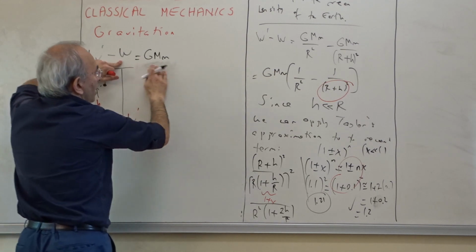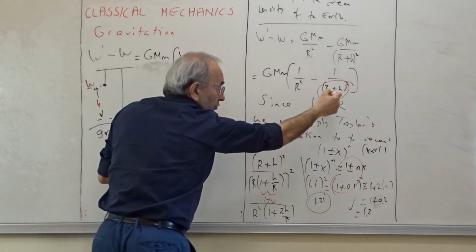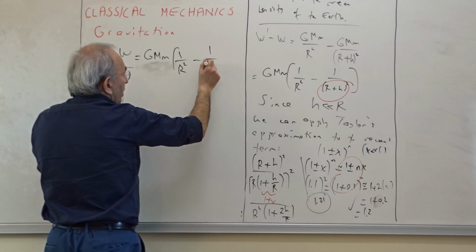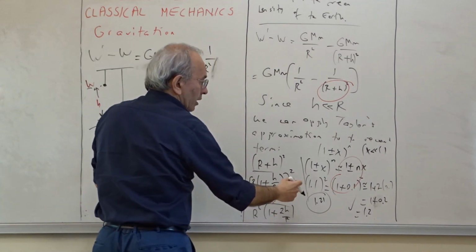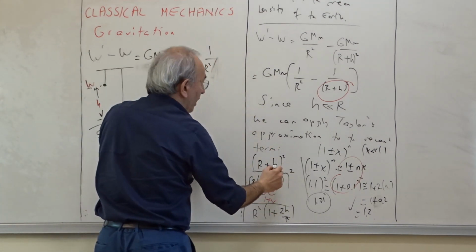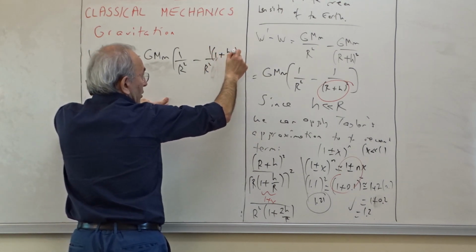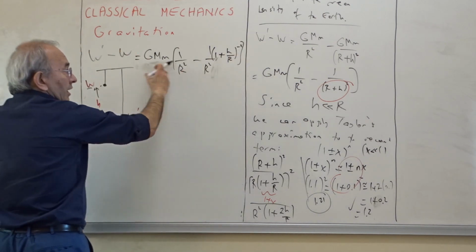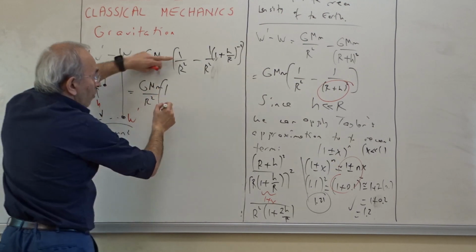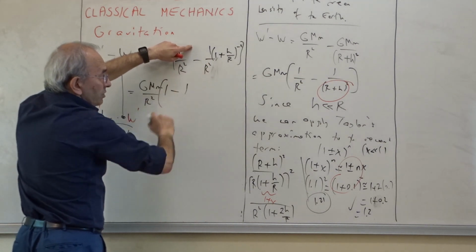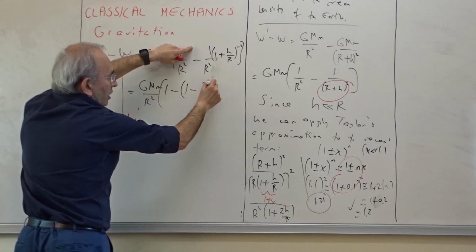nothing, multiplied by 1 over r squared minus, now 1 over that term is just 1 over r squared times, if you write it in the numerator, it will be minus 2, r squared, 1 plus h over r to the minus 2, so that we can take 1 over r squared outside: GMm over r squared multiplied by 1 from the first minus 1 from the second, and another 1 minus 2h over r.